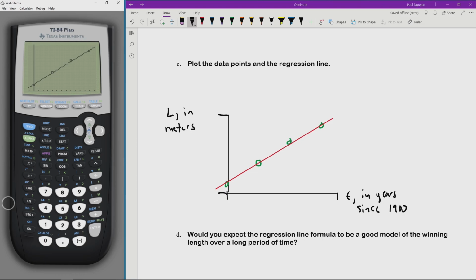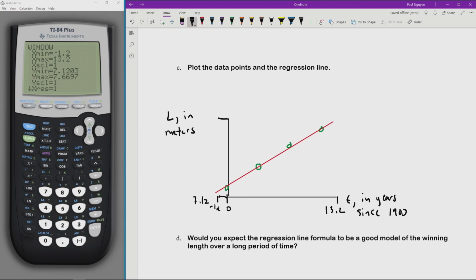I go to the window to see what the bounds are, and I find that the x min over here is negative 1.2. This is 0. The x max is 13.2. The y min here is 7.12. And the y max will go up a little bit, will be 7.7 meters. So my graph has all the data points, the line of regression, both axes labeled with their mins and maxes.